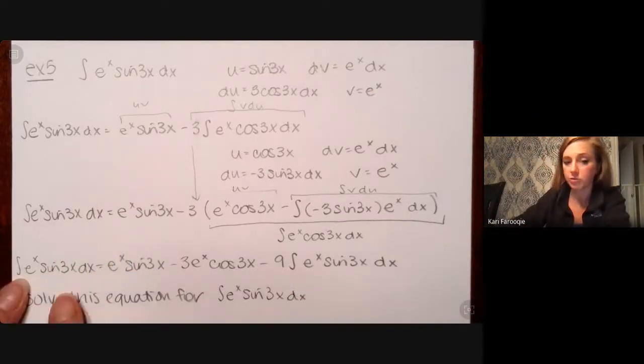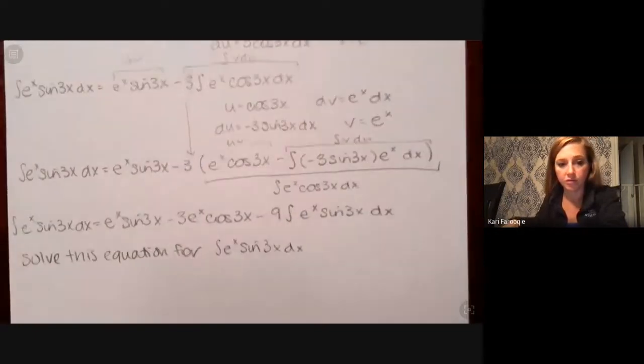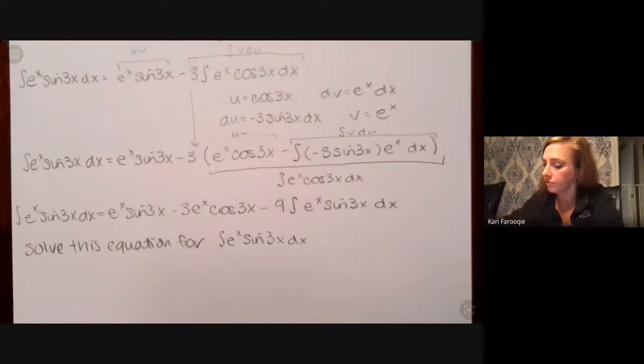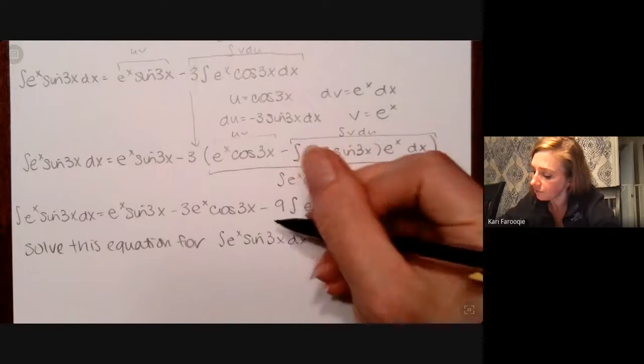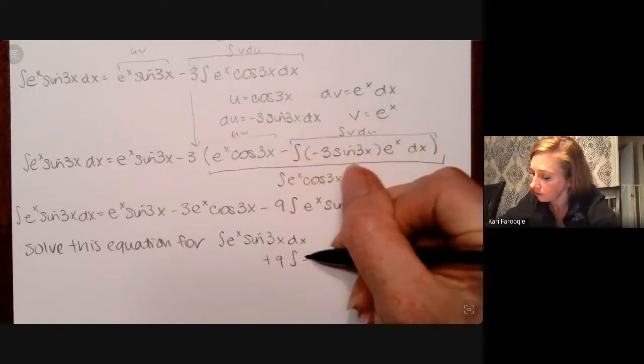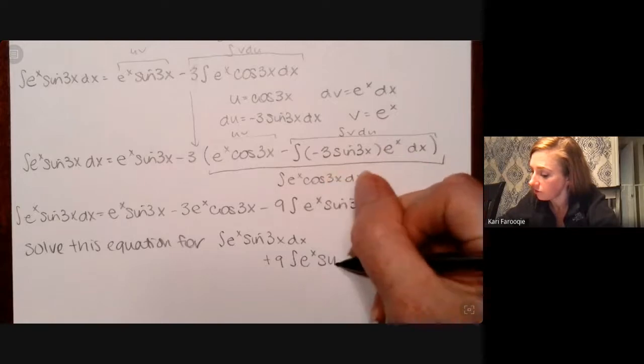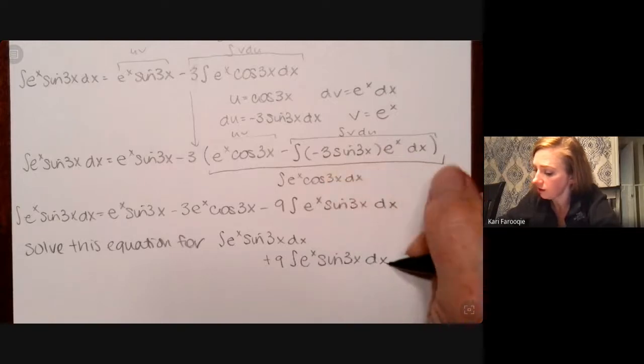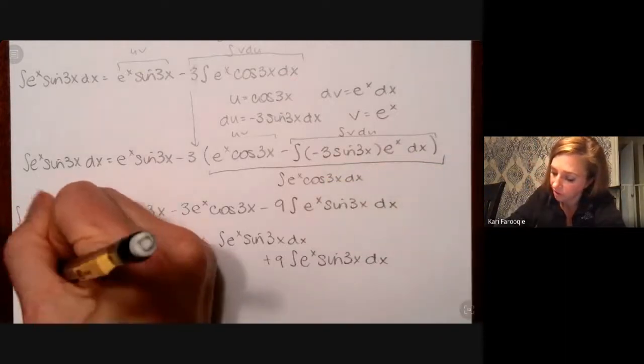If I want to isolate this, I need to gather all of the like terms together and then simplify. So what that means is I'm going to add 9 times the integral of e to the x sine 3x dx to both sides.